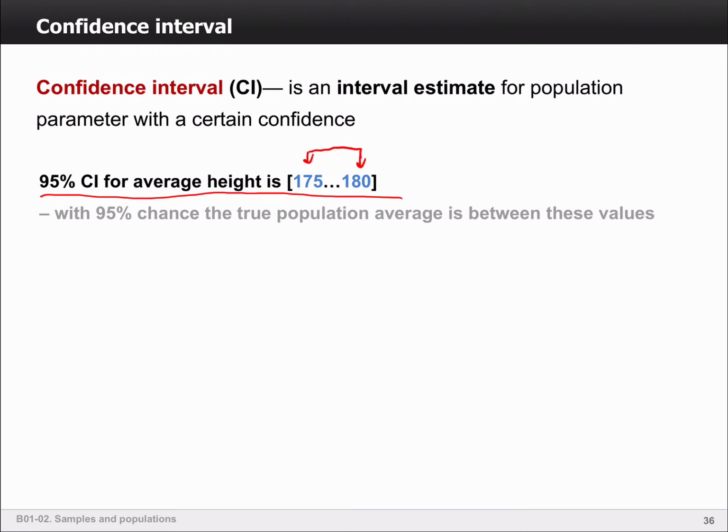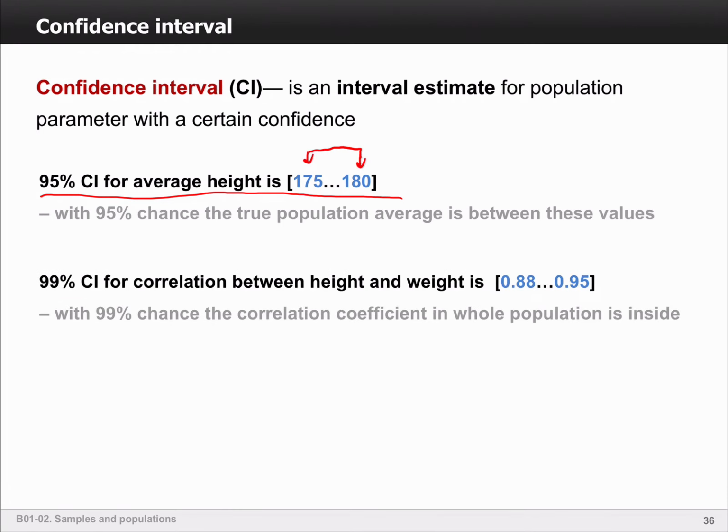So you can think that there is a 95% chance that the true population average value is within this interval. Okay. And then if you calculate a 99% interval, you have a 99% chance to get a sample like you, and it contains the true population parameter inside this interval.